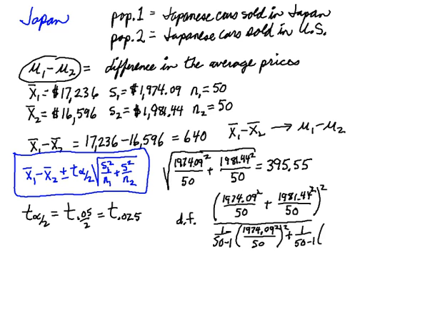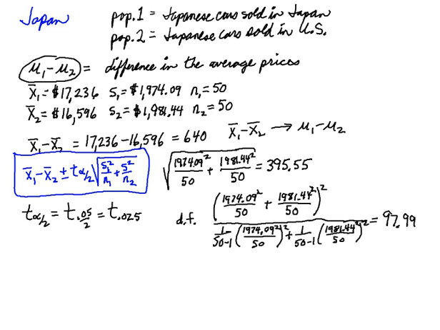And pretty much do the same thing with the information from the second sample. So 1981.44 squared over 50, and then square that. Now I get 97.99 degrees of freedom.